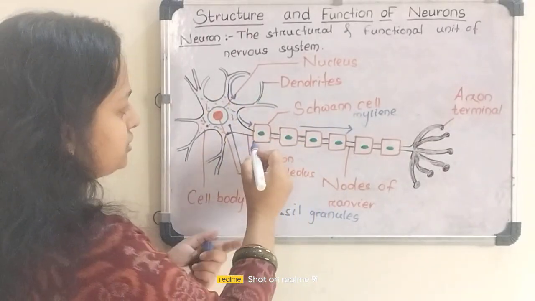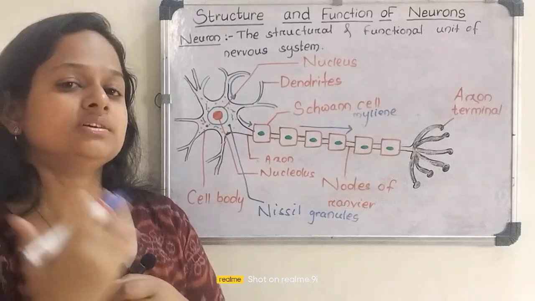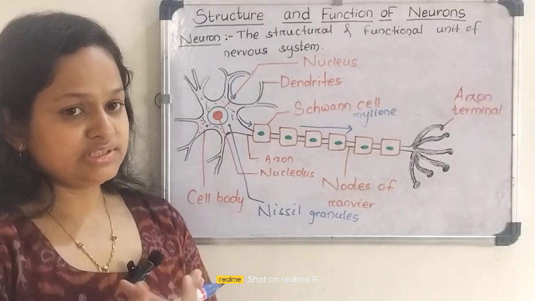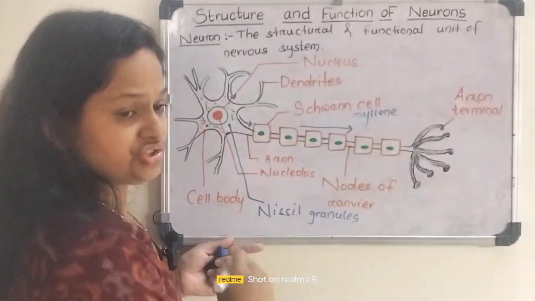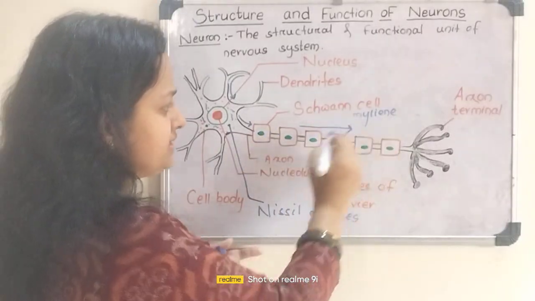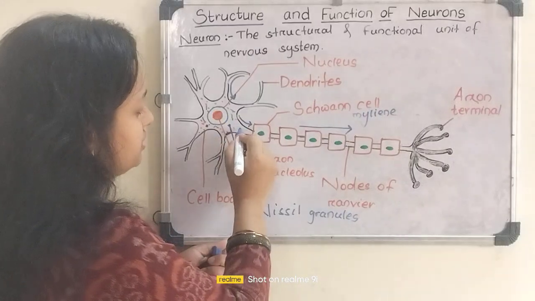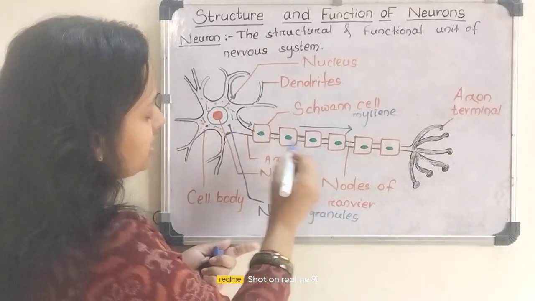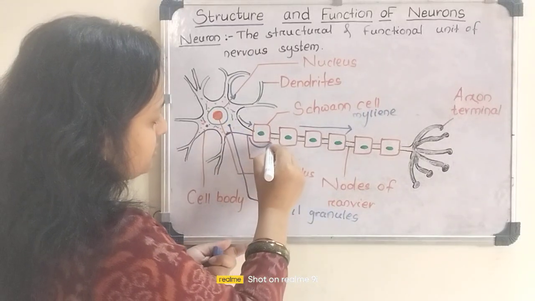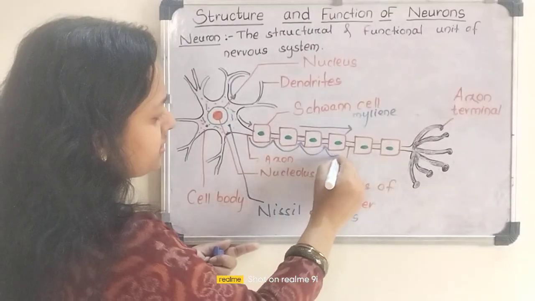So the Schwann cells help in the faster transmission of impulse when it passes through this axon. Due to the presence of this myelin sheath, the impulse, when it comes to the cell body and then comes to the axon, transmits in a jump-like manner.